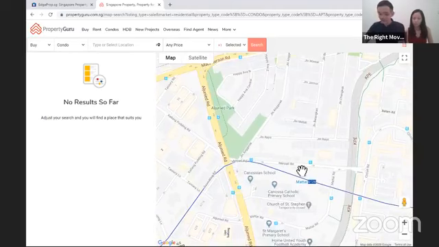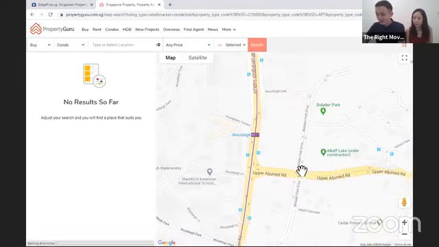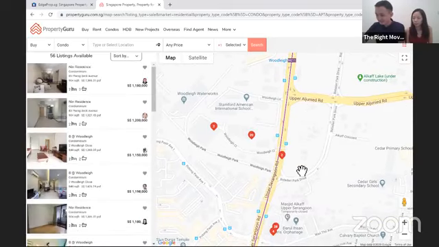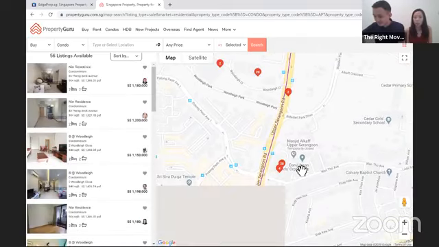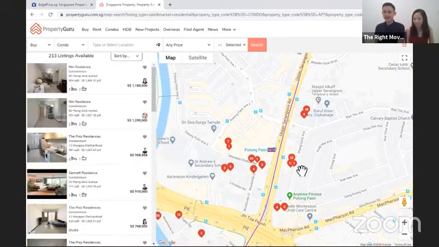Moving up, we go to Potong Pasir, which is a real up and coming area, another area very popular among first timers. You see 213 compared to 335 just now.